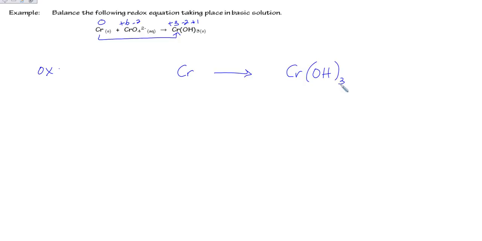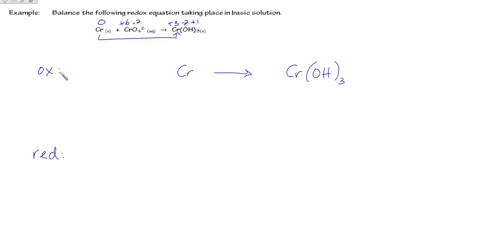Now I want to get the other half, the reduction half. Reduction involves gaining electrons. If you gain electrons, you become more negative or less positive. Oh, well, this is goofy.